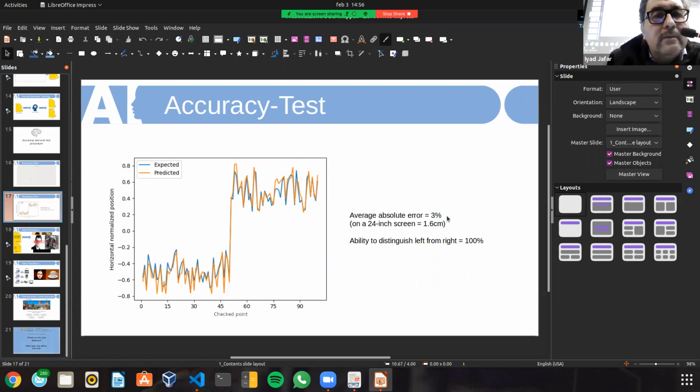Yes, exactly, this is where the patient is looking on the screen. I'm asking about the accuracy of the person being autistic or not, for example. Did you have any results? Diagnosis.